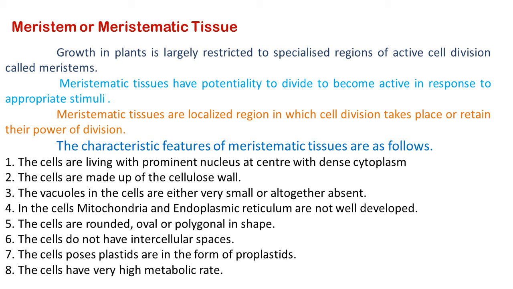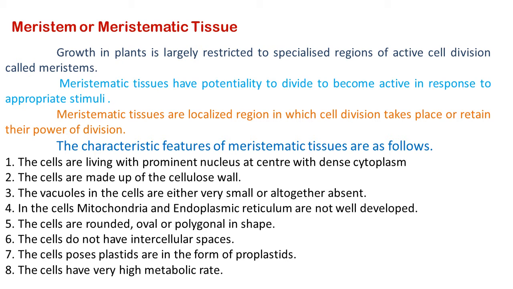The vacuoles in the cell are either very small or altogether absent. In the cell, mitochondria and endoplasmic reticulum are not well developed. The cells are rounded, oval or polygonal in shape. The cells do not have intercellular space.